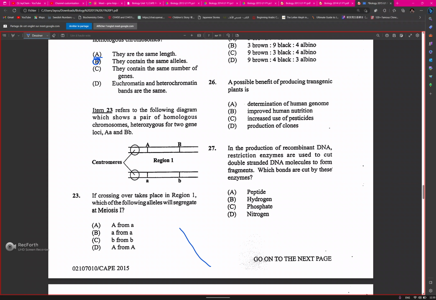So what we're depicting here is that we have the chromosome and we have the centromere here. So we have large B, and then we have small b, and then we have large A and small a. So in crossing over, which alleles will segregate in meiosis 1?